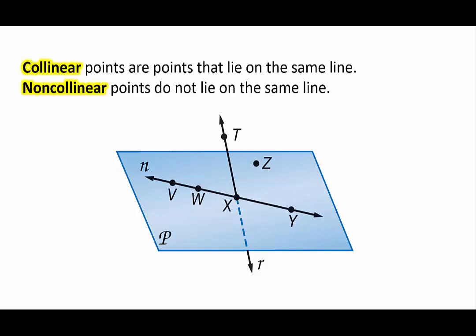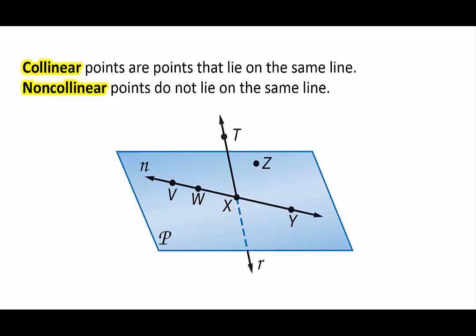What we want to take a look at now is collinear and non-collinear. Collinear points are points that lie on the same line. So if you notice, points B, W, X, and Y would all be collinear. Non-collinear points do not lie on the same line.